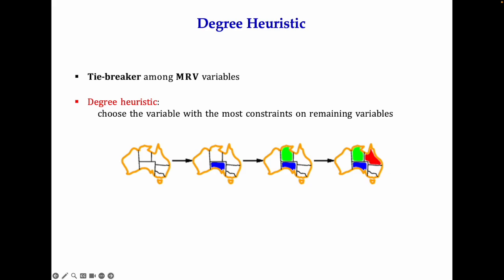You choose the region that has more impact on other variables or regions, that is connected to more regions, because coloring that region affects more regions, right? And so it reduces options or values also from the domain of all those neighbors too, right?